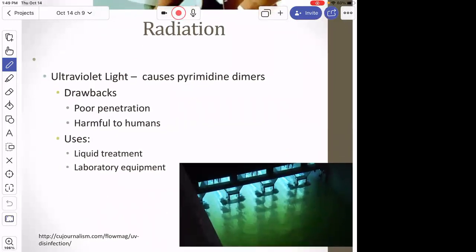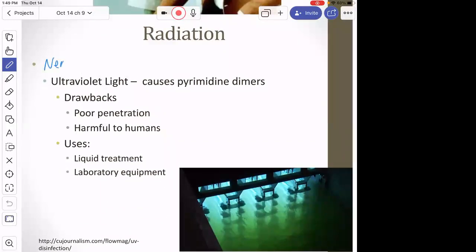All right, so the other form of radiation, non-ionizing, that's UV light. That's in the wavelength between about 10 and 300 nanometers. Again, we talked about this before, what kind of mutagenesis this causes, a very specific kind of mutation, pyrimidine dimers, or more often it's the thymines on the same strand of DNA that will bind to each other rather than their complementary base pair on the other strand.